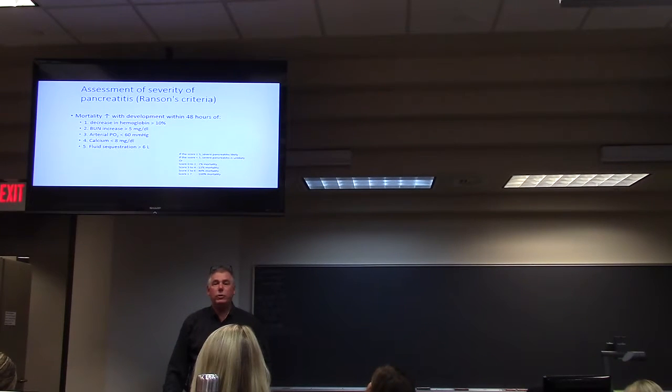So that's what shocks me so much about hospitals releasing people with pancreatitis. These things right here take about 48 hours to develop. You don't know what's happening to them in 48 hours.